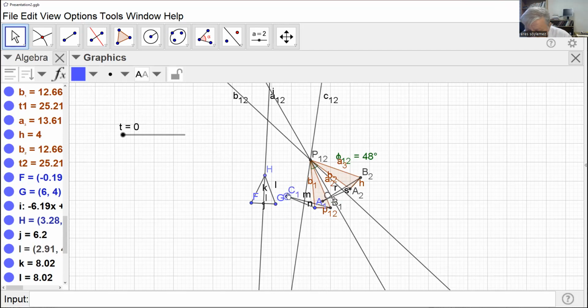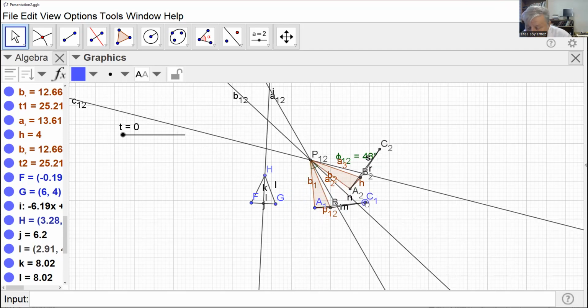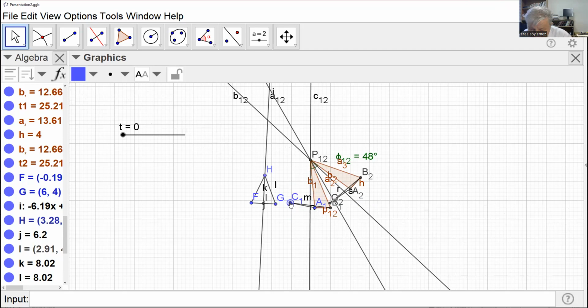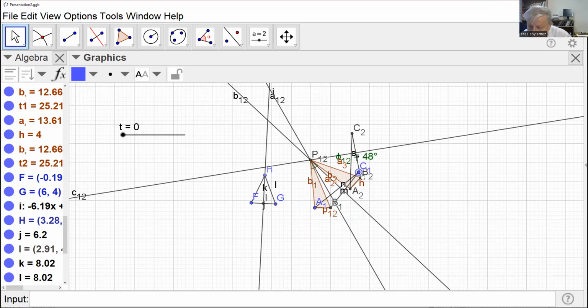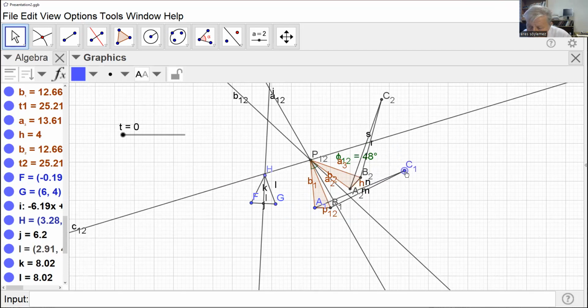One other thing is, if I join this point C, I'm trying to find a nice place to do that. Okay, I'll do it like this.